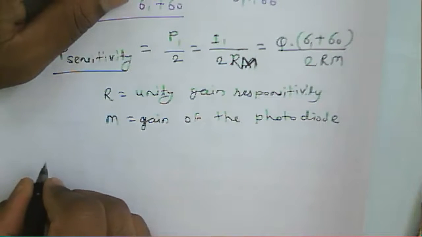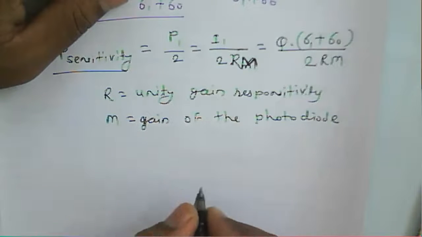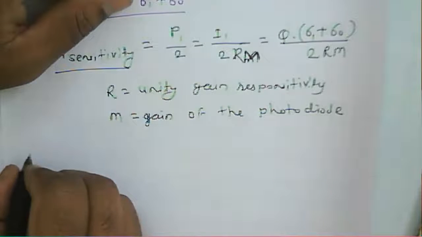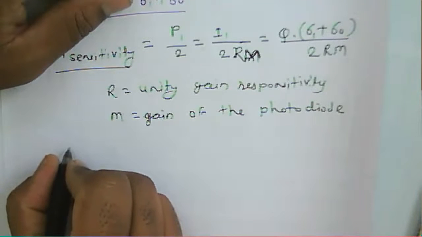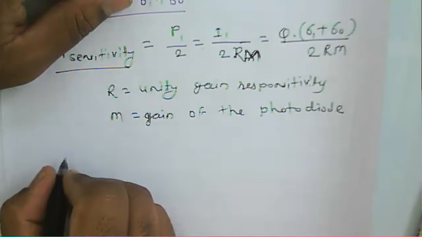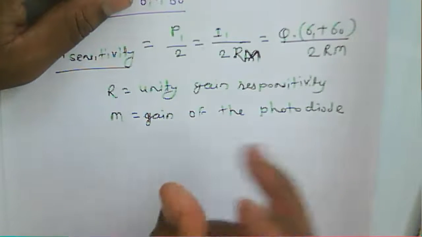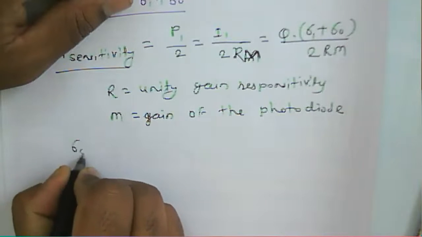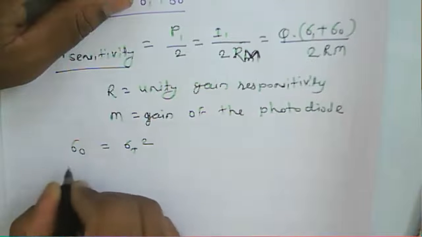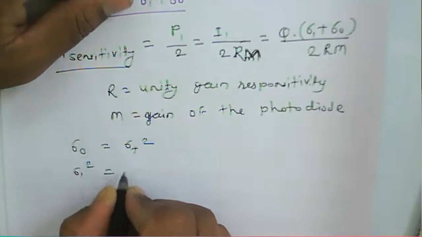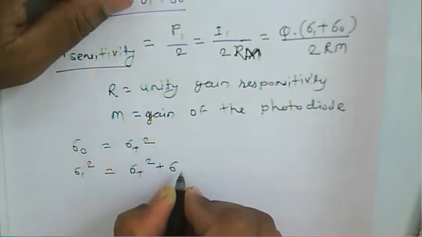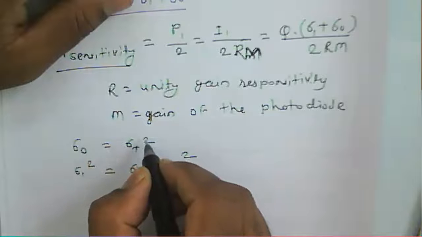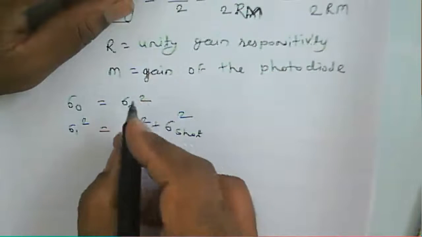Now, consider the shot noise variance for a one pulse, and there is no received zero pulse, because if there is no optical power, in that case we can say that sigma 0 square is equal to sigma T square, and sigma 1 square is equal to sigma T square plus sigma shot square. This is about the variance for the noise.